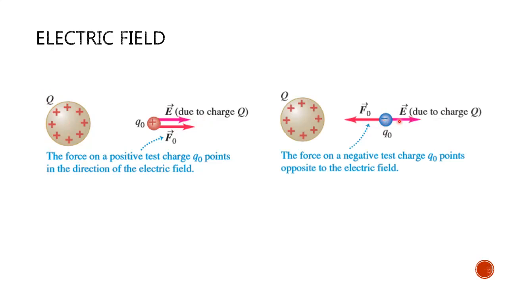As you can see, the direction of the electric field is away from the charged particle. So if the two particles are of the same sign, then the direction of the electric field is the same as that of the force. And if the test charge is negative, so the two are not the same sign, then the directions of the force and the electric field are opposite.